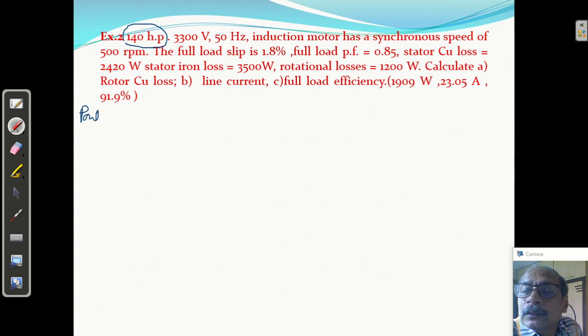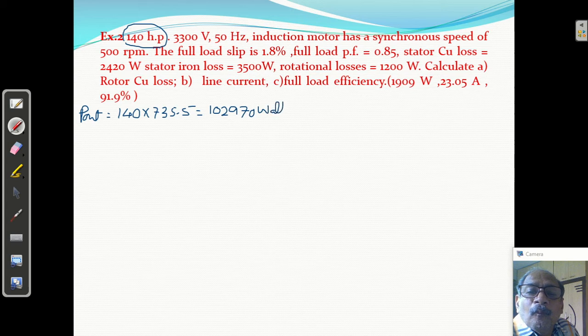P out is 140 HP multiplied by 735.5 watt. If you use the calculator, we will get P out equal to 102,970 watt. This is the P out we got in watts.